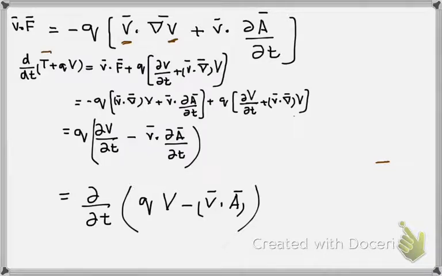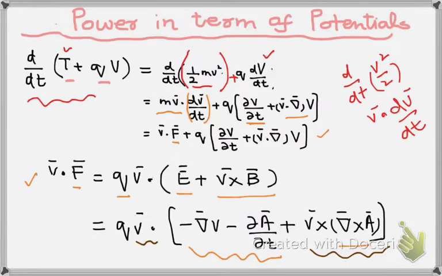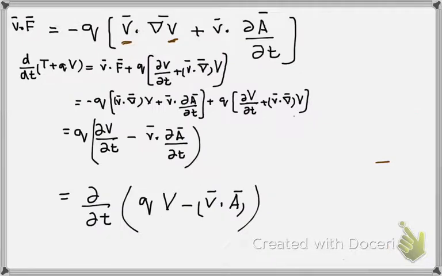So the total derivative of energy equal to v dot F plus this term. Just put the value of v dot F in this equation, and we have these two terms.